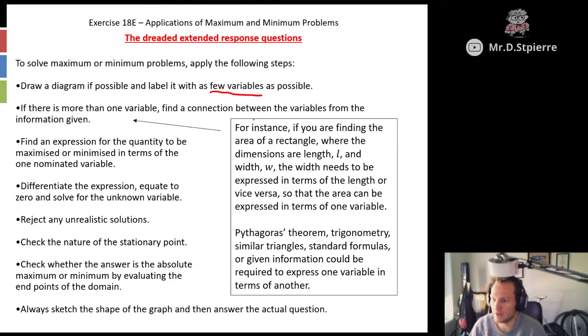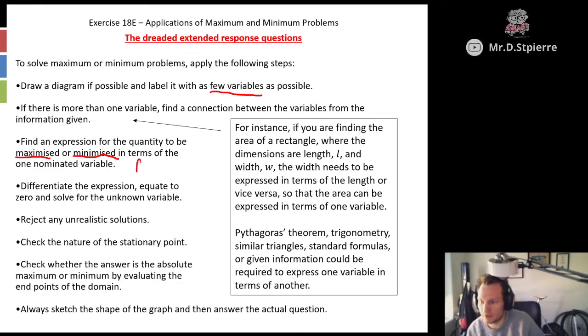You then need to find an expression for the quantity to be maximized or minimized. So generally these problems will be, you want to maximize the area, or you want to maximize the perimeter, or you want to maximize the time. So whatever you're trying to maximize or minimize, you want to make an equation for that.